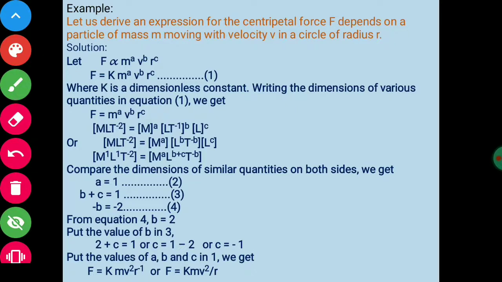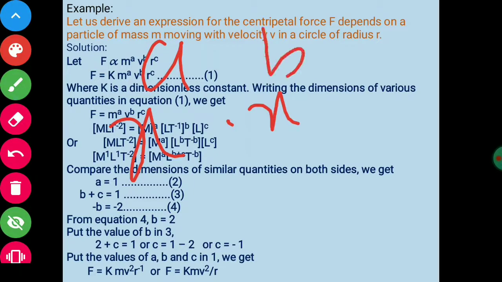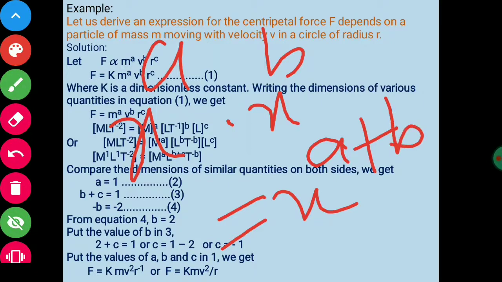In the same manner, L raised to power b, T raised to power minus b, and L raised to power c. Now another formula that we use: x raised to power a into x raised to power b becomes x raised to power a plus b. Yes, this formula applies.